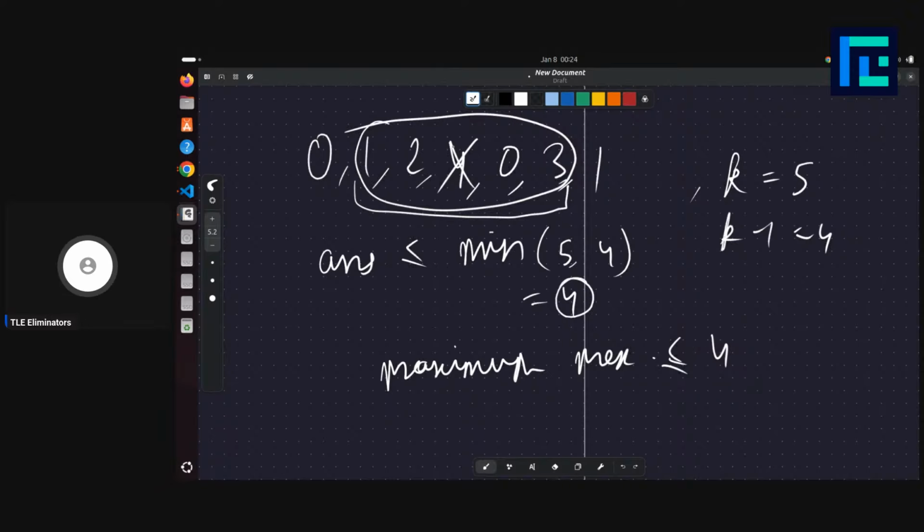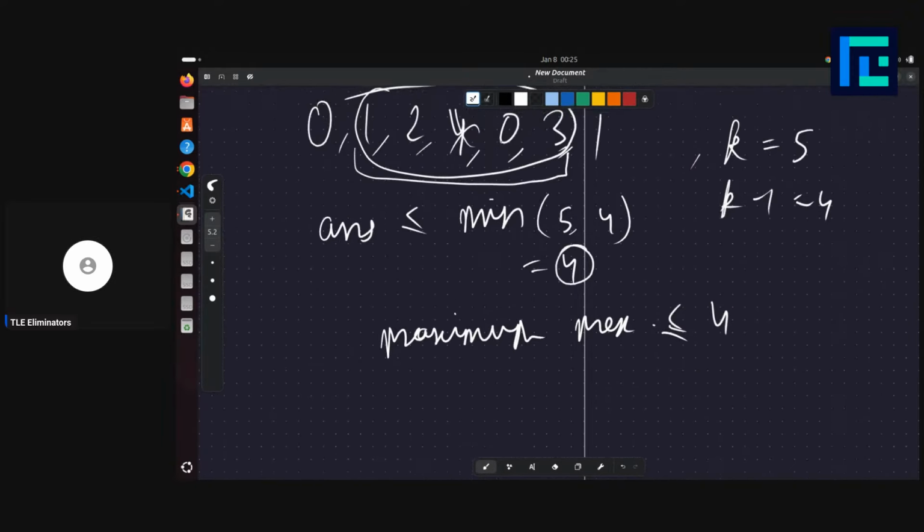This 4 will definitely not help, because if my max is 4, then this 4 will not be there. And if it is less than 4, say max is 3, then having this 4 wouldn't help anyway. So I can always delete this 4.